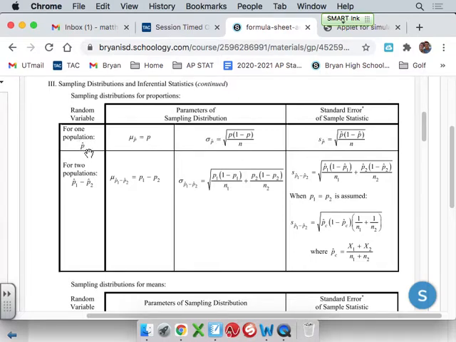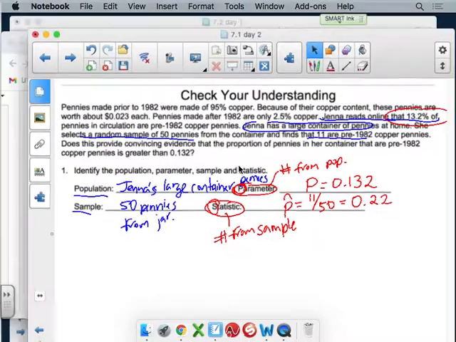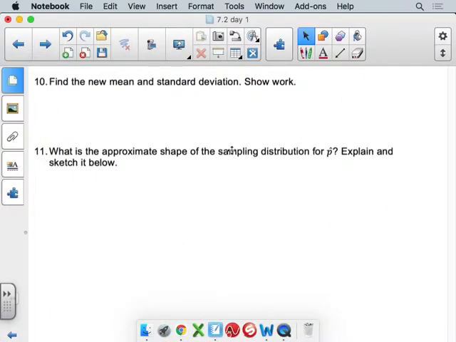We're using proportions, so p-hat. We have one sample, a sample of 50, and the formula says the mean of p-hat is supposed to equal p. Put into words, the average of all those p-hats in the simulation we just did is supposed to equal our population parameter.